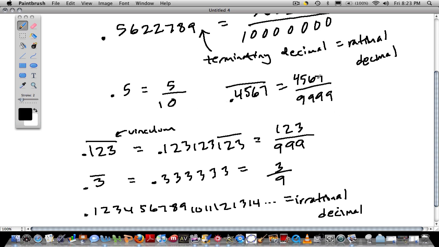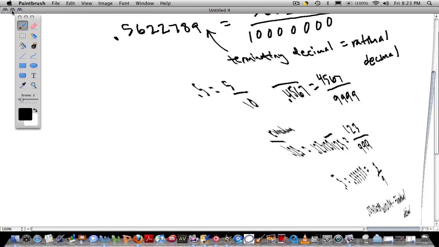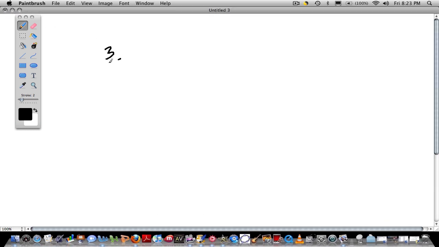And in fact, let's go the other way now. If we were starting with the fractions, any of these, how do we find out what their decimal is? Let's start with 3 over 9, and then we'll go to 123 over 999. What makes the most sense is to use some form of long division.